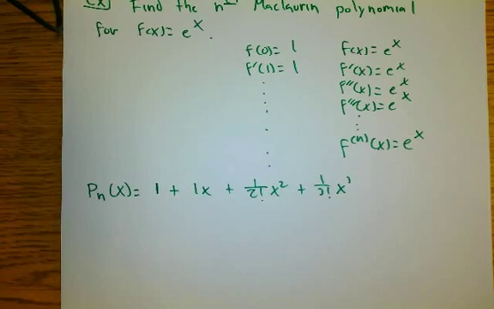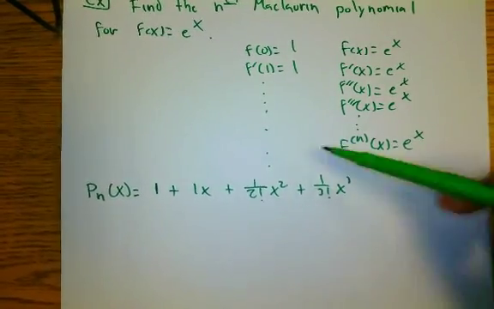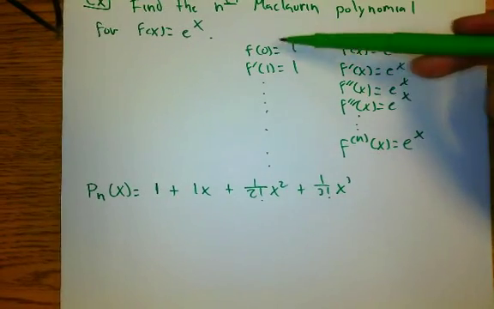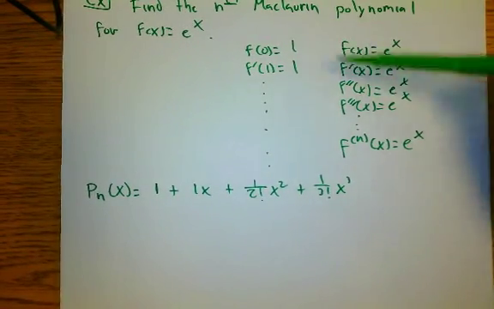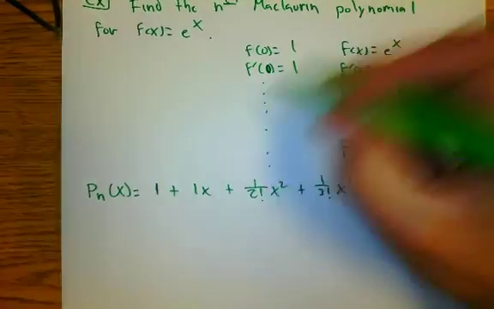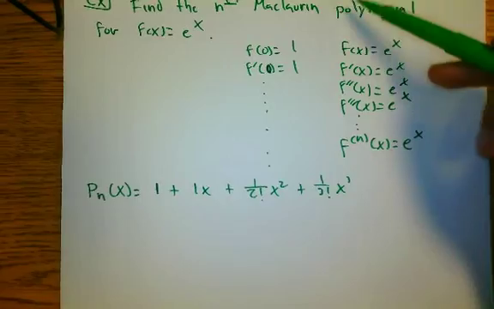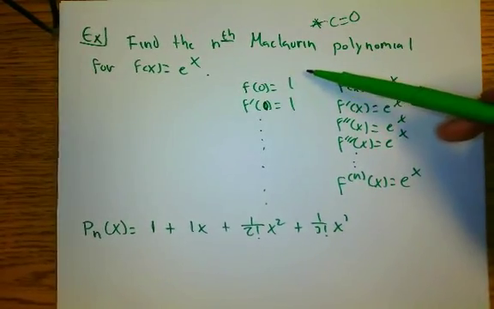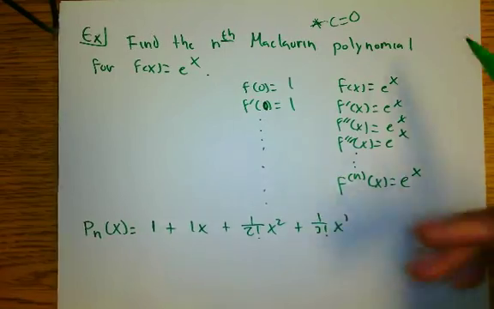Sorry, I forgot to press record, so all of this is not going to make sense. So let me rephrase what I said. Once you figure out all of your derivatives and evaluate them at 0, because it's a Maclaurin polynomial centered at 0, all of them are going to be equal to 1. So we go back and use our formula.